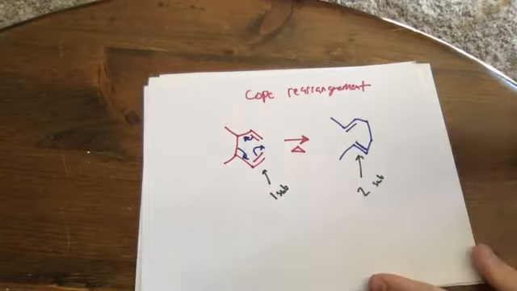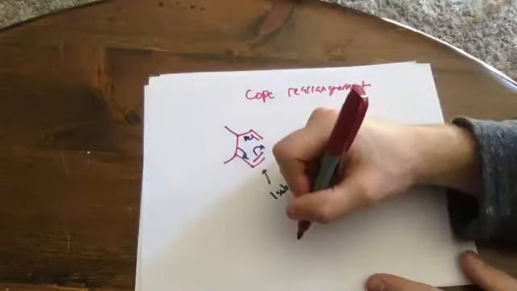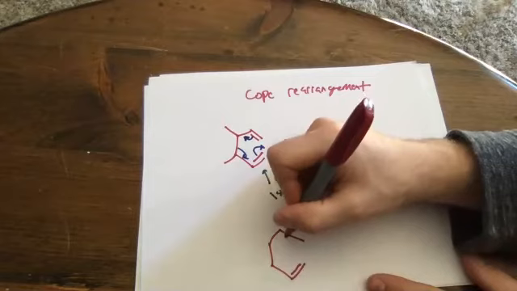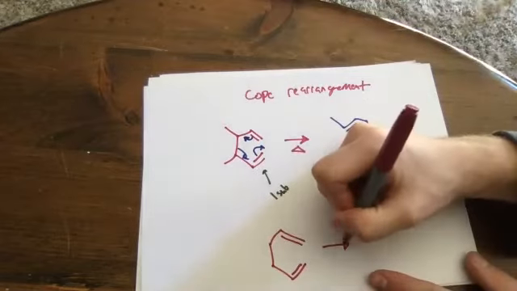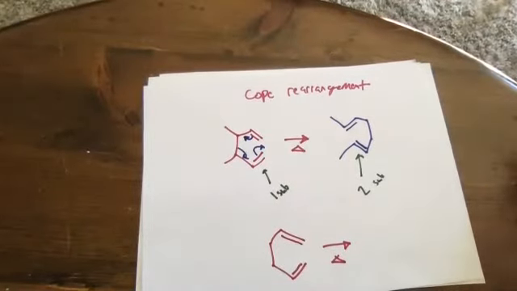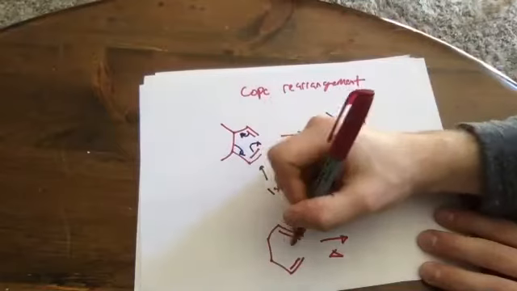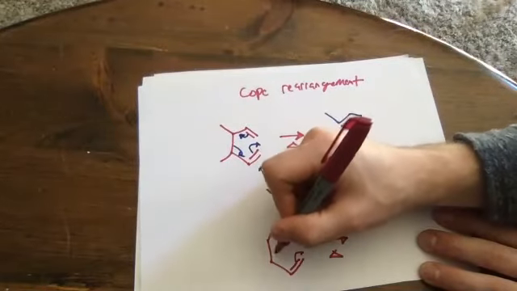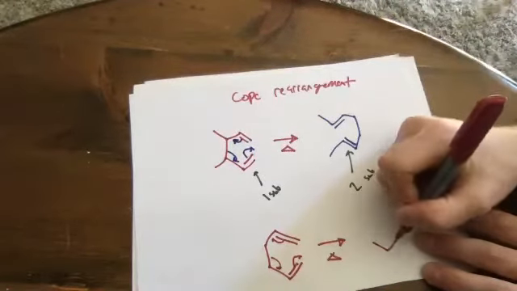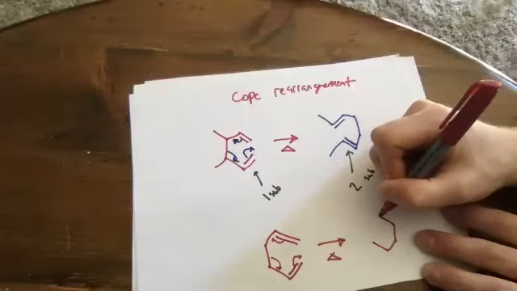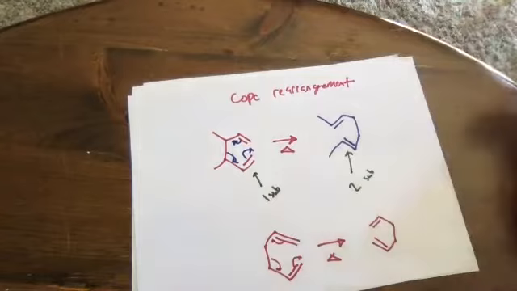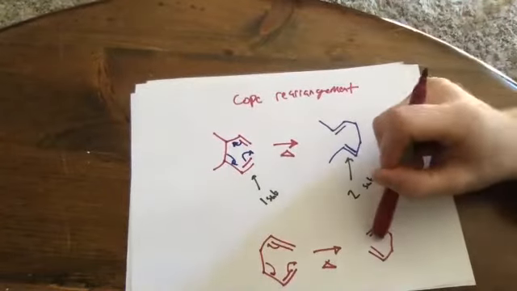If we had just this, where I don't have those 2 methyl groups on here, if I try to do this rearrangement, I started with 1 substituent, I ended with 1 substituent.